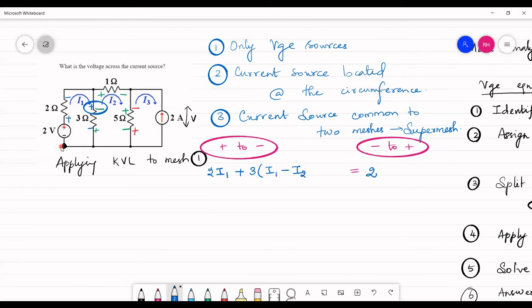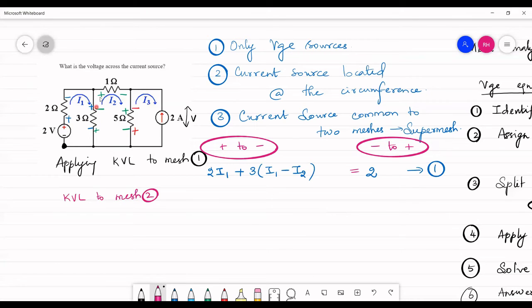So I have now completed and I am now reaching the starting point. Okay, so I have completed my cycle. So this, after simplification, will be the first equation. And then let us apply KVL to mesh 2.